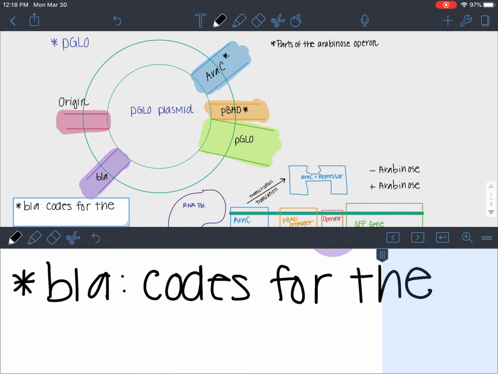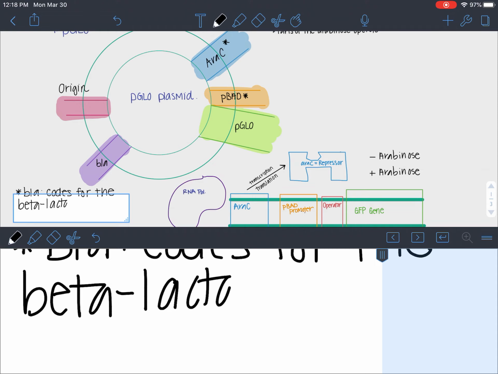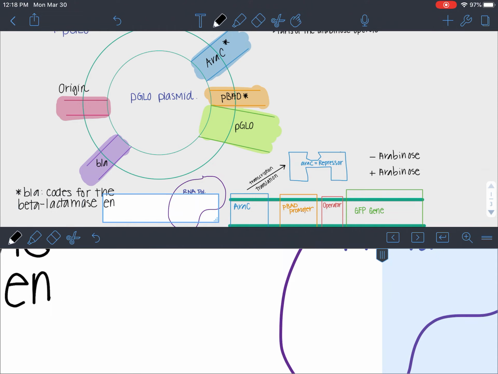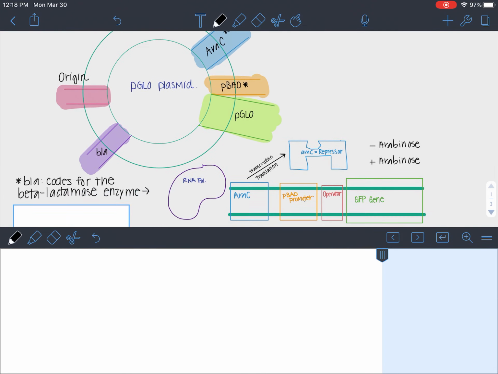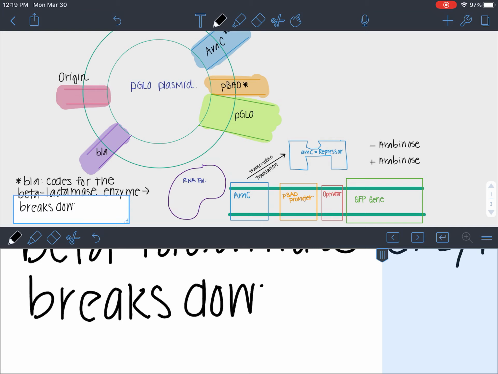It ends in ASE, so we know that that is an enzyme. And what that enzyme does is it breaks down a specific type of antibiotic that we call ampicillin.